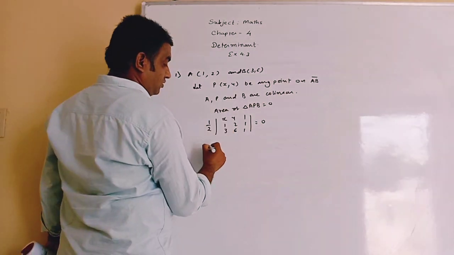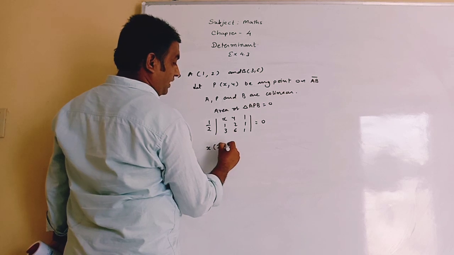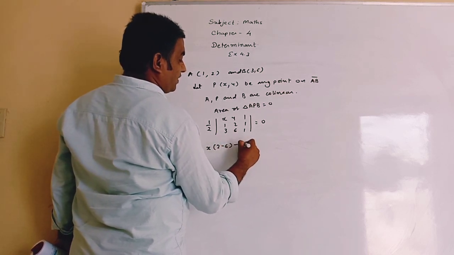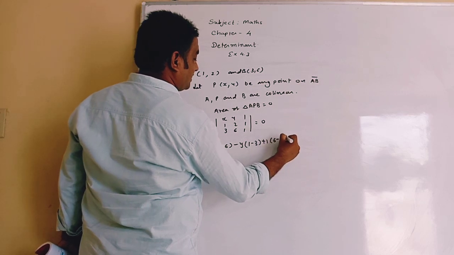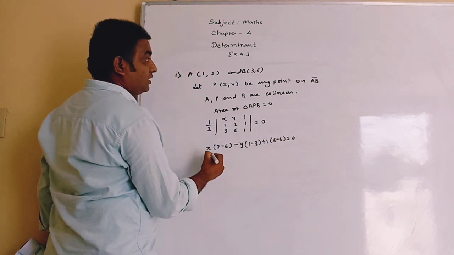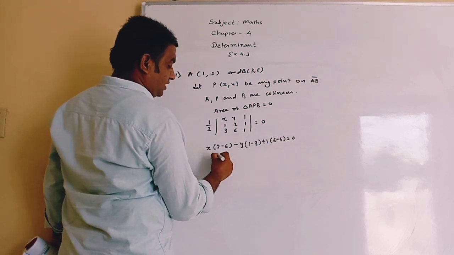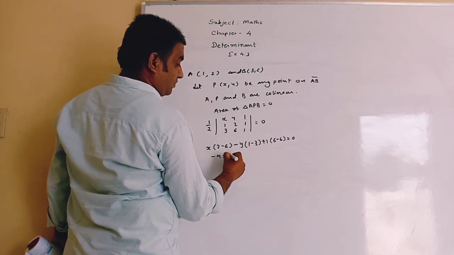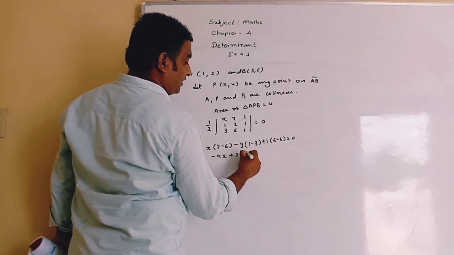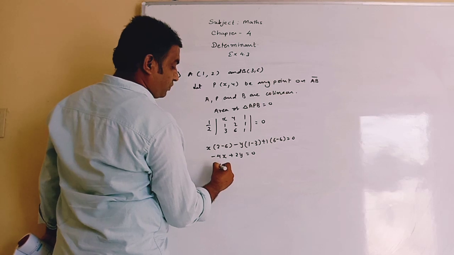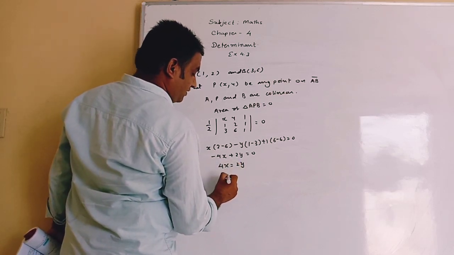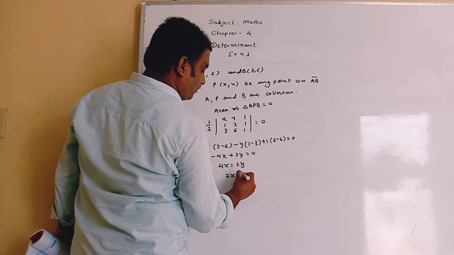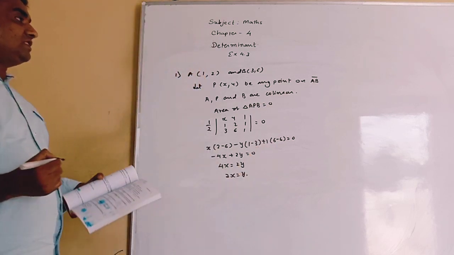And so x into (2 minus 6) minus y into (1 minus 3) plus 1 into (6 minus 6) equals 0. So minus 4x plus 2y equals 0. So 4x equals 2y, and so 2x equals y. That is the first equation.